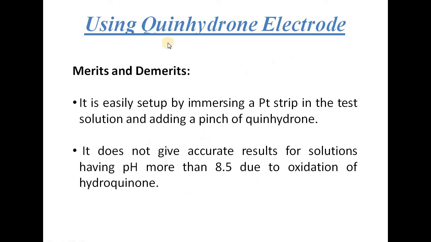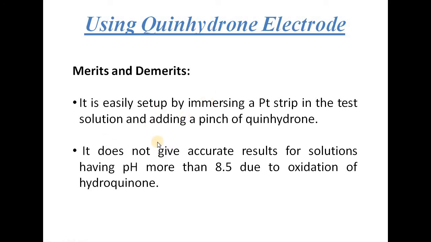Now what are the various merits of this quinhydron electrode? It is easily set up by immersing a platinum strip in the test solution and by adding just a pinch of quinhydron, whereas in the case of the hydrogen electrode, we had to supply hydrogen gas continuously at a particular pressure.